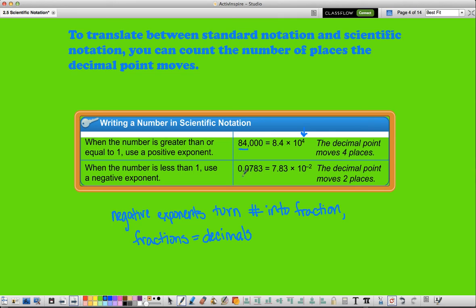So whenever I have a decimal, I know that my exponent should be negative. And we've talked about that previously in terms of laws of exponents. So now what we're saying is whenever I want to turn a number into scientific notation, 10 is still going to be my base, but I know my exponent has to be negative because I want my number to turn back into a decimal, a number that's less than 1.